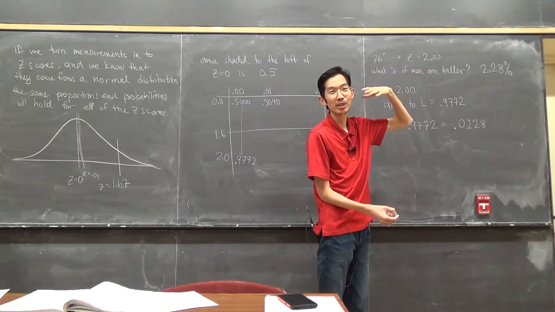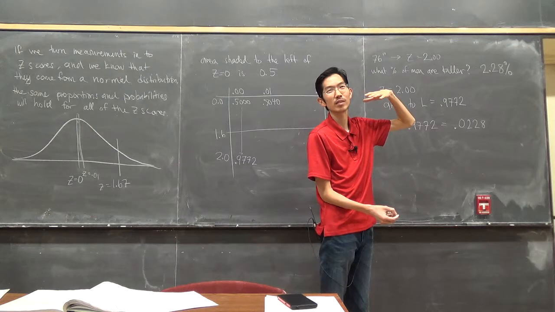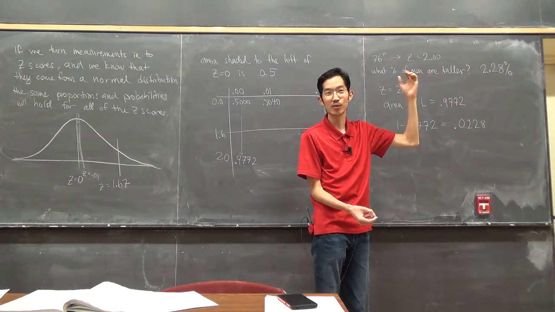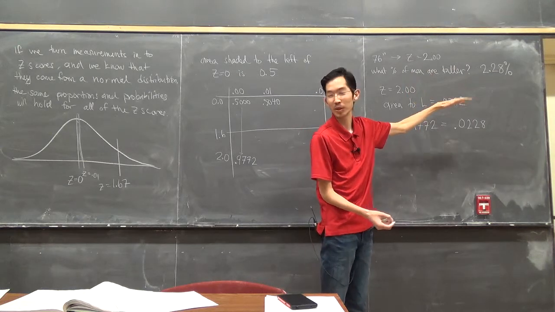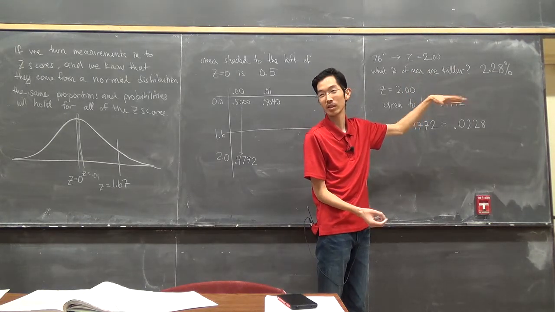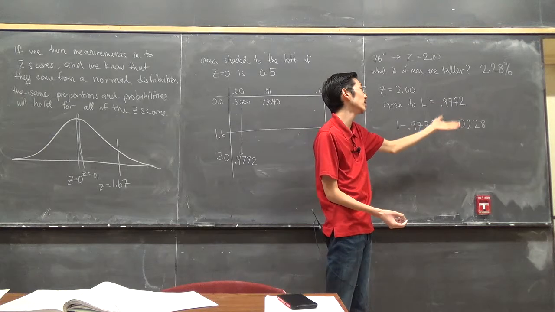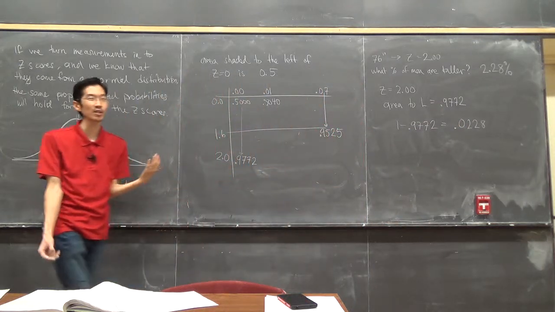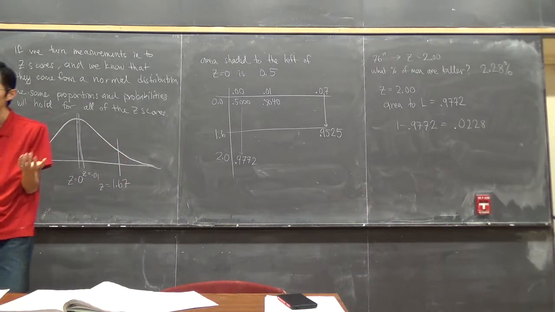No, our reality would say no. 97% or 98% of men are not taller than 6'4". So something's probably off about my answer, and that would clue you in. Oh, I should subtract from 1. Okay. So always be thinking, does this answer even make sense in the first place?